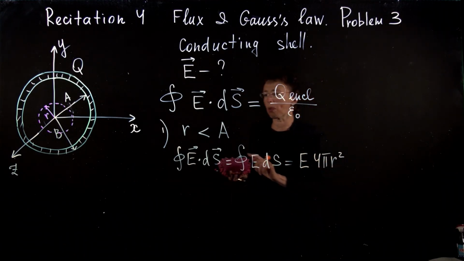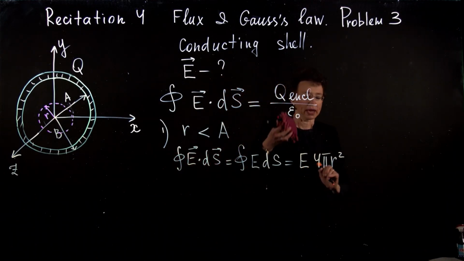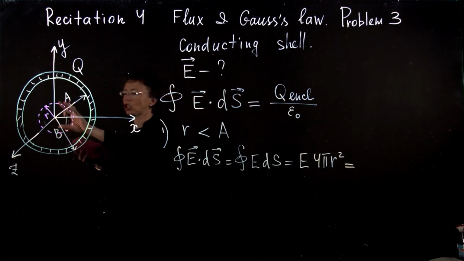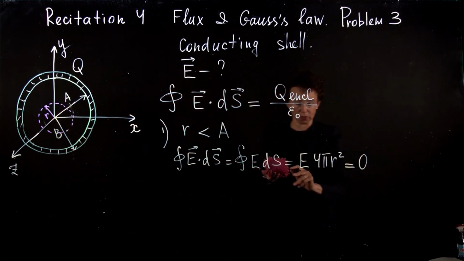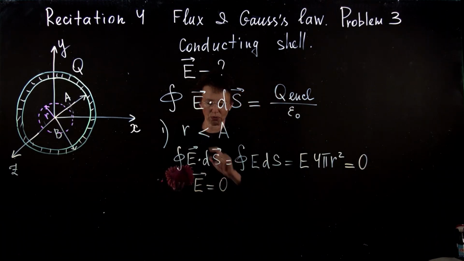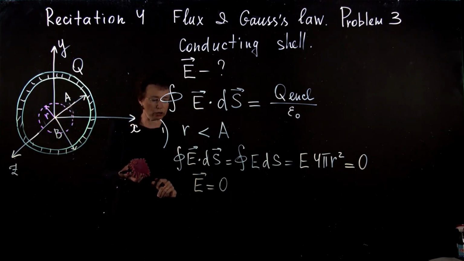E times 4 pi r squared is the left-hand side of Gauss's law. It is equal to Q enclosed. No charge is enclosed by this surface, so the right-hand side is 0. And from this we immediately see that the electric field in all this area, for r less than A, is 0.